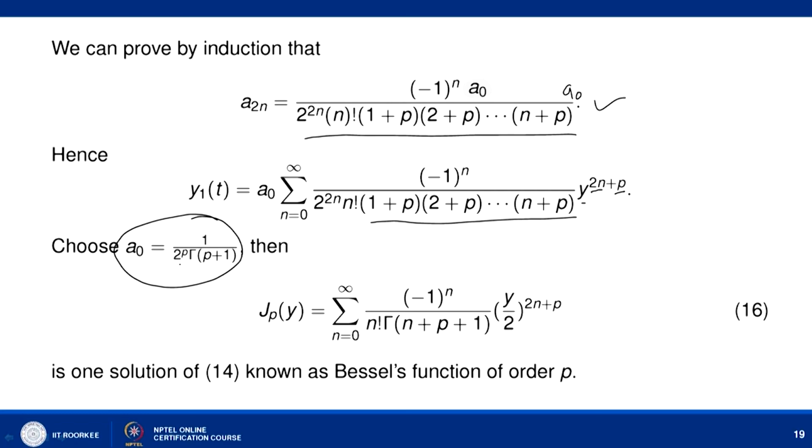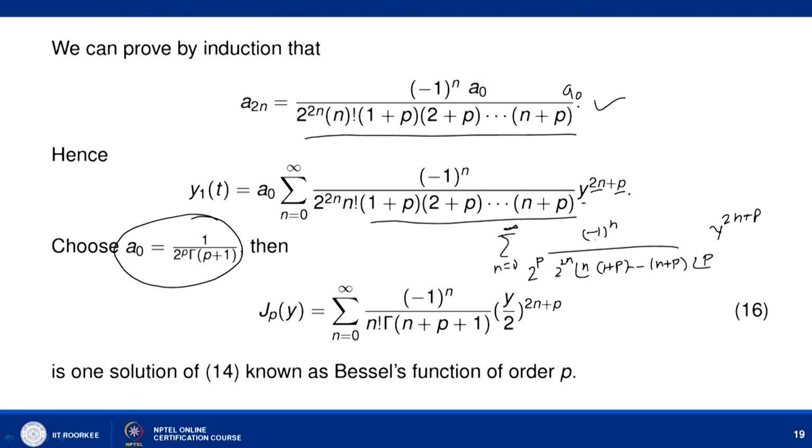When we choose this value, the expression will take a simpler form: (−1)ⁿ divided by 2^(2n) n! (1 + p) up to (n + p), into a0 value 2^p and gamma p, times t to the power 2n + p, summation n equal to 0 to infinity.